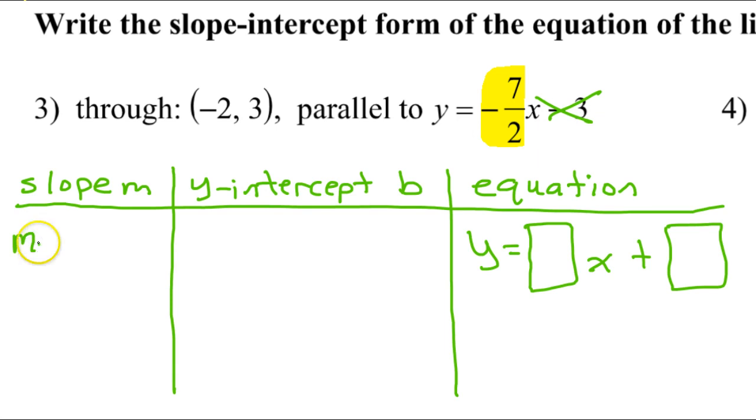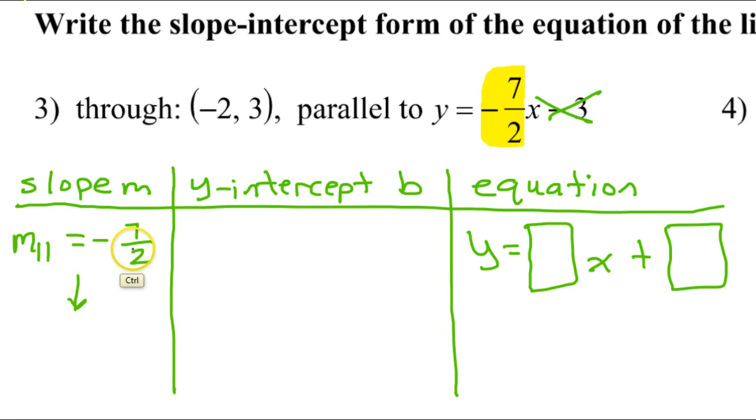So I'm going to put slope parallel, to indicate the slope of a parallel line, and that is negative 7 over 2. Now, how can I use that to find the slope of the equation that I'm trying to write? Well, parallel lines have the same slope.